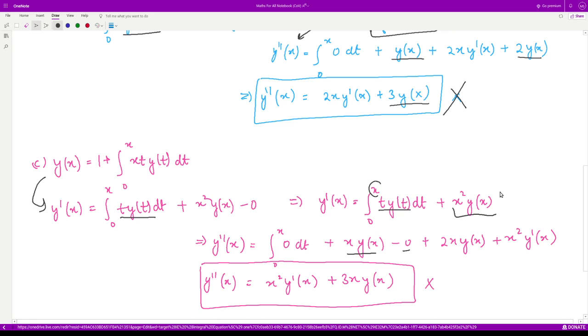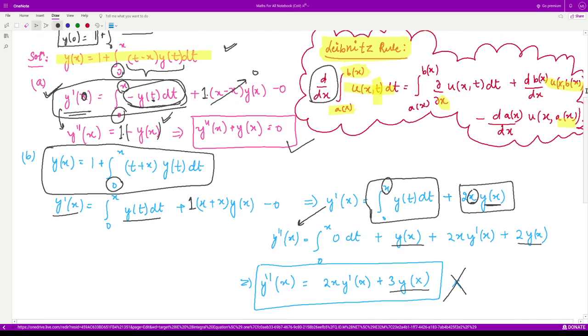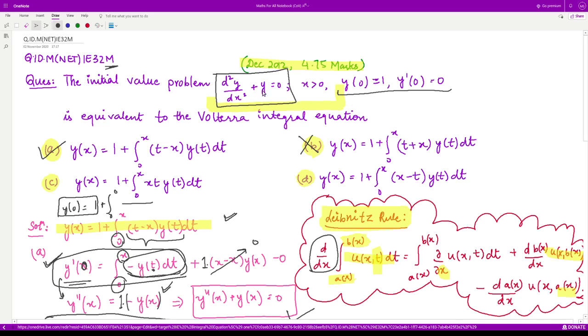Here you have to apply the product rule of differentiation, that would be 2x, the derivative of x square, 2x, y of x as such, and x square as such, the derivative of y of x would be y dash x. So it will be something like this. Again this does not match with the given form, right? Because the given form is this, so this option is also discarded.